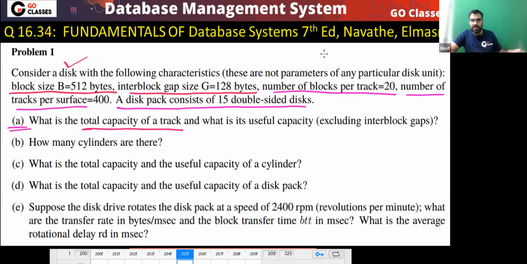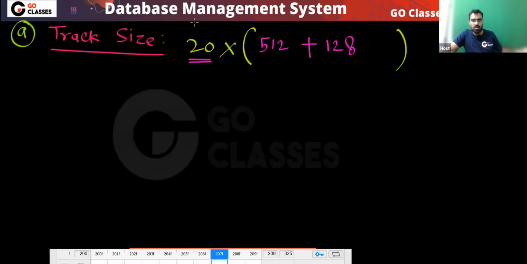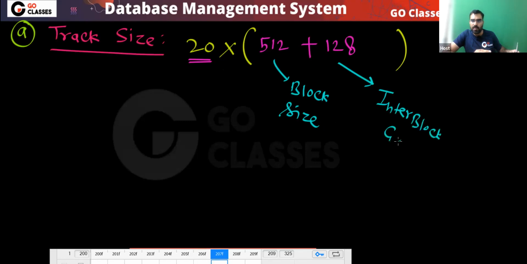You will multiply this with 20, right? This will give you the total track size. Remember, this is for blocks: this is the block size that is given to you, and this is the inter-block gap.